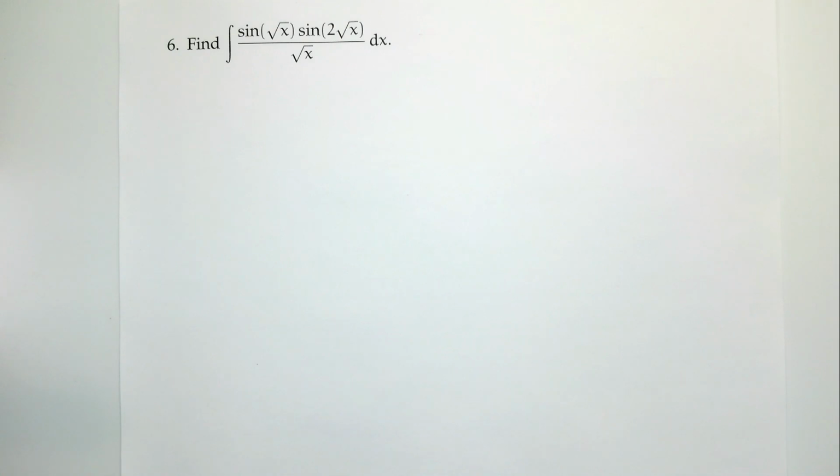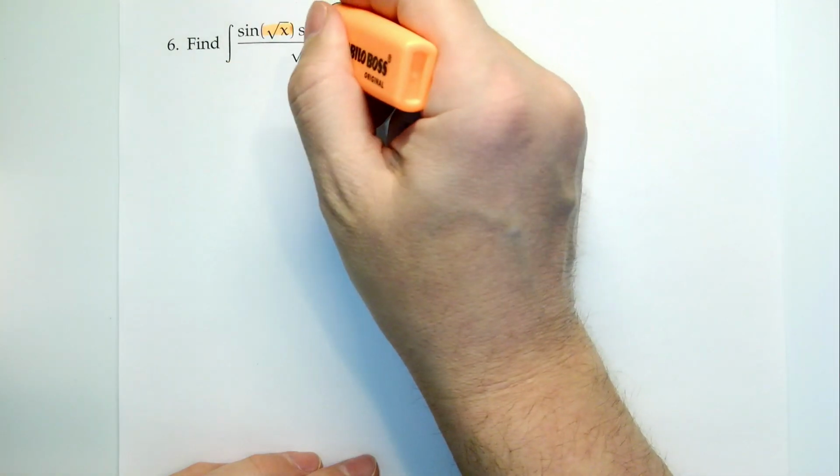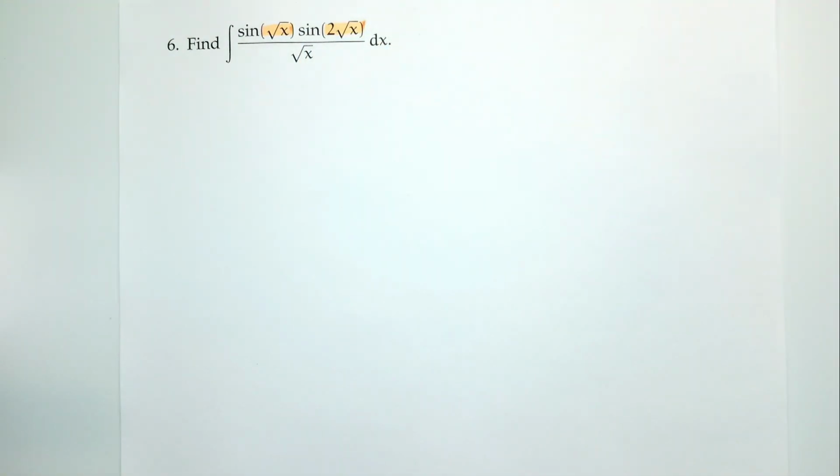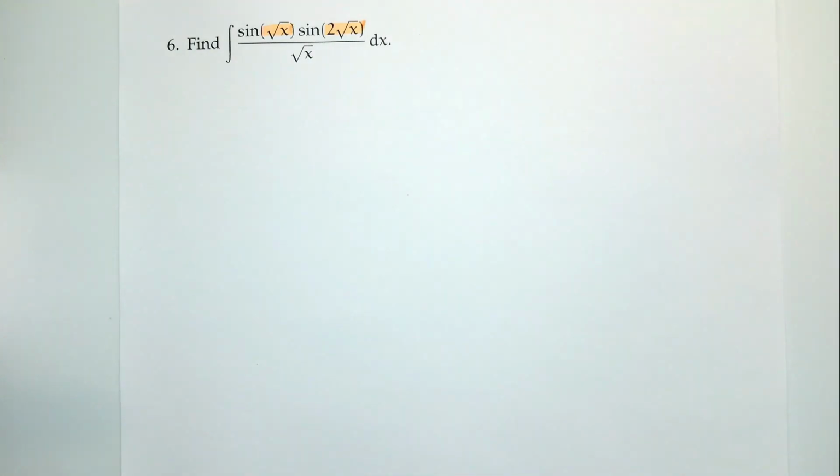Now, how can we get things to work? Well, we want to be careful here. Let's think about some things. Whenever I see trig functions, I always want to compare what's on the inside. In one of them I see a root x, and in the other one I see a 2 root x.